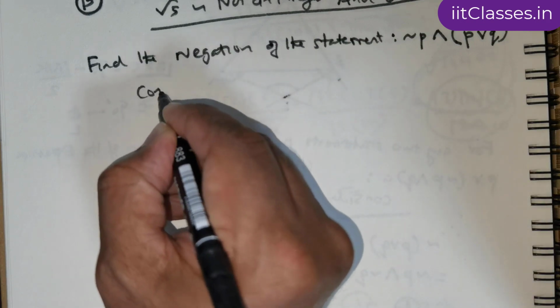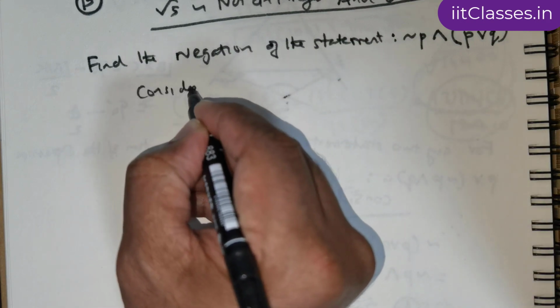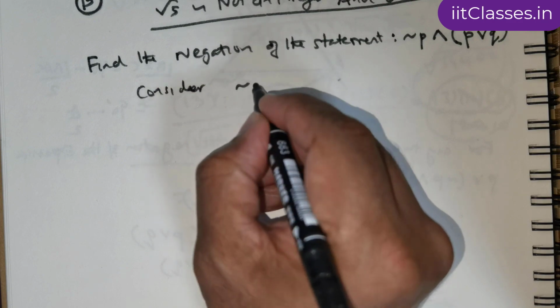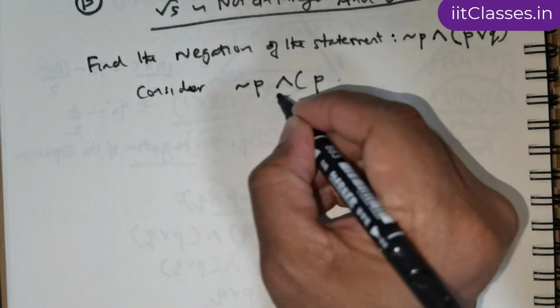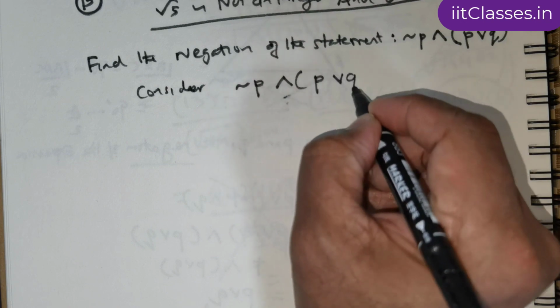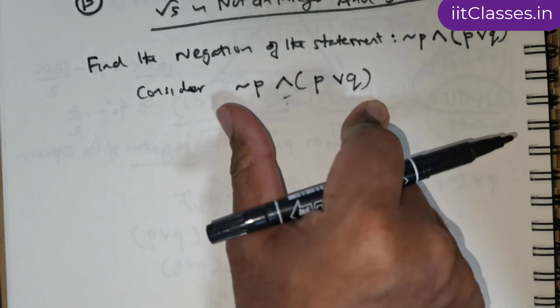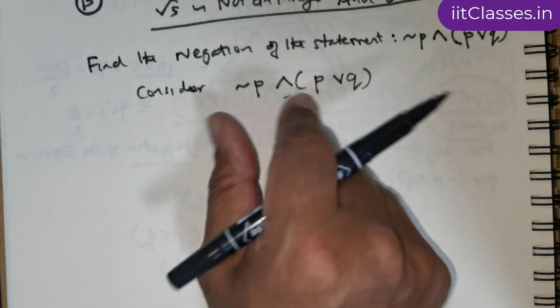So let me just consider negation of P conjunction of P disjunction Q. Now this is a distributive property. Now we can apply distributive property here.